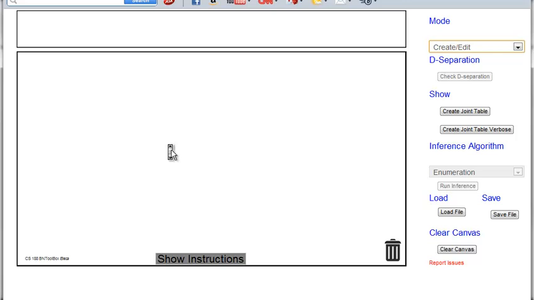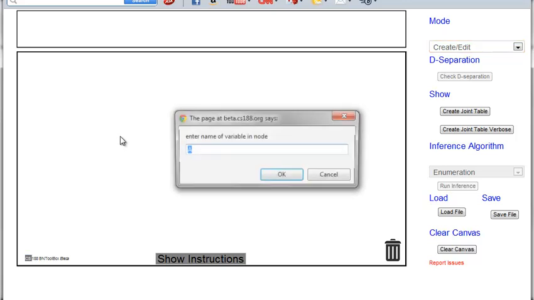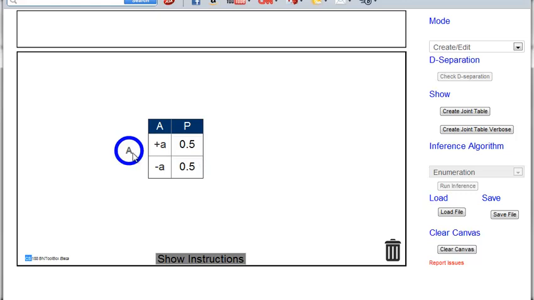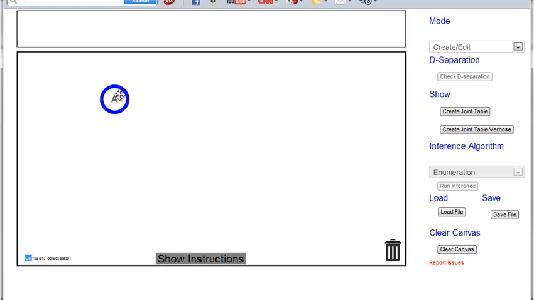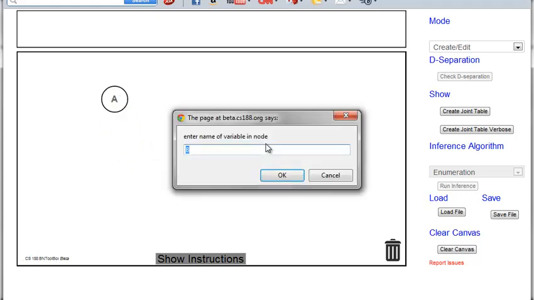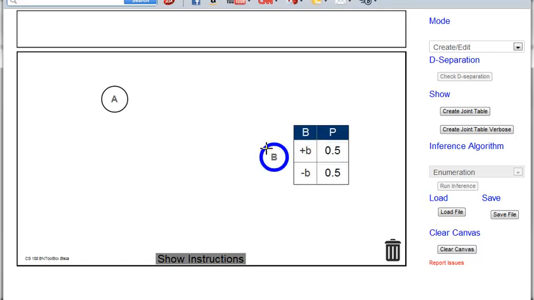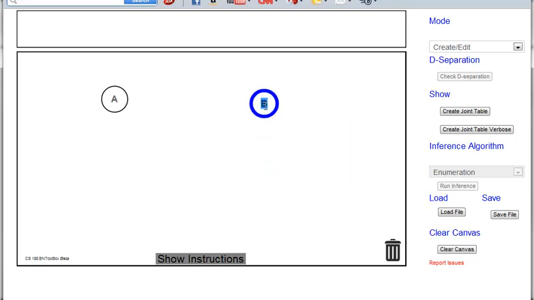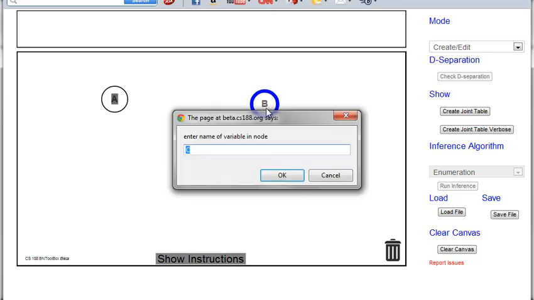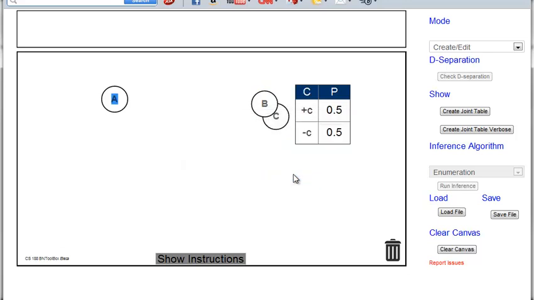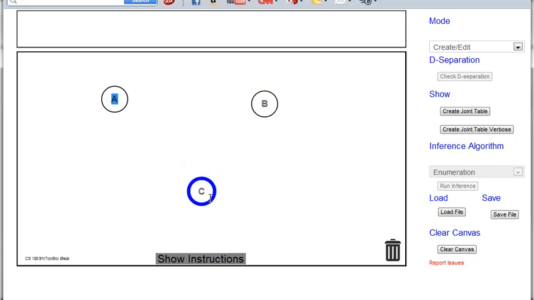So what can we do? We can put random variables down. So let's do that. Double-click here, A, and its CPT is by default just uniform. B, there we go. Maybe let's edit this CPT if we can. It's letting me generate a third one. I want a third one.